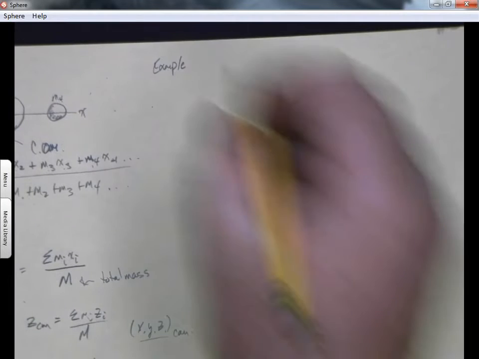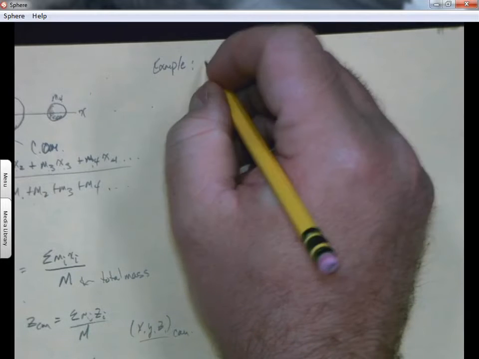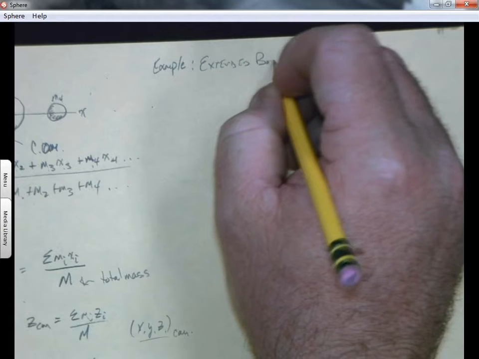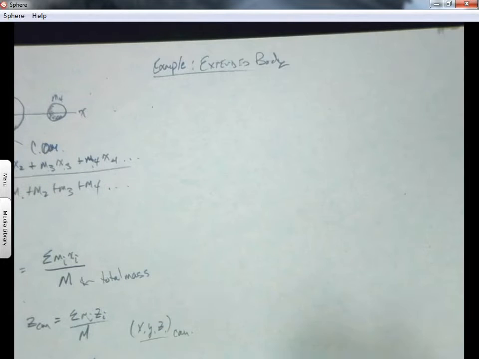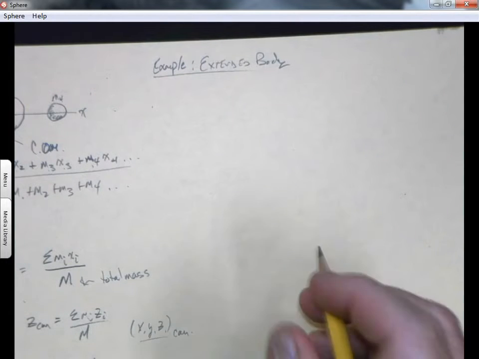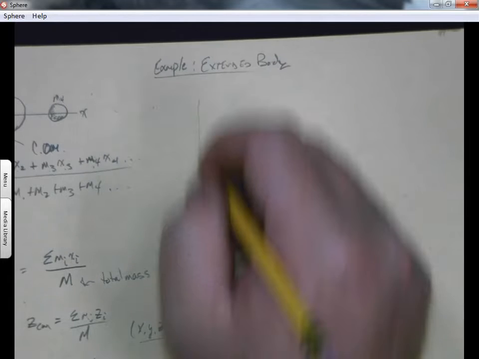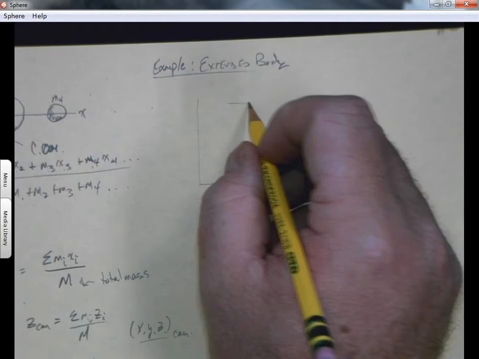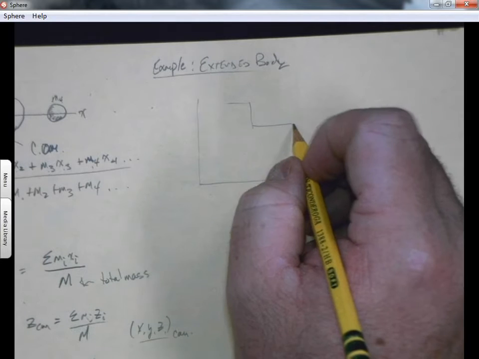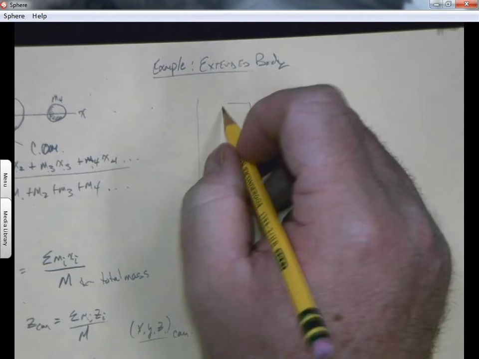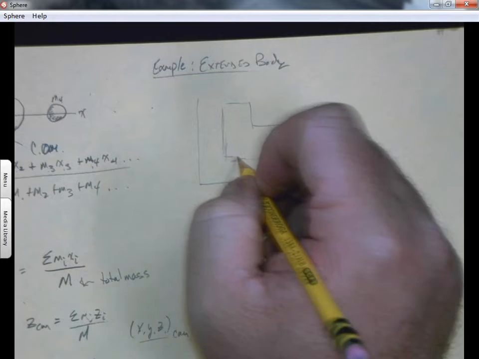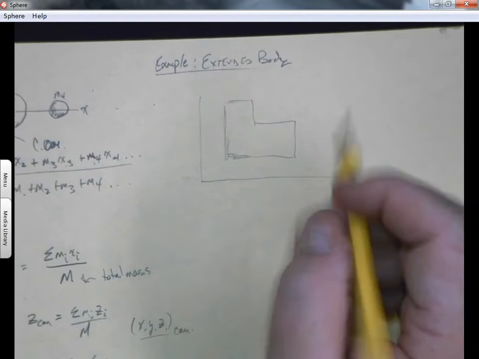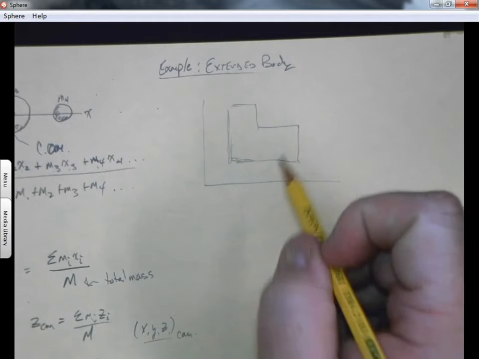Let's say we've got something that looks kind of like this L-shaped rectangular piece, like a piece of sheet metal that we want to cut out in a particular form. We want to find its center of mass.